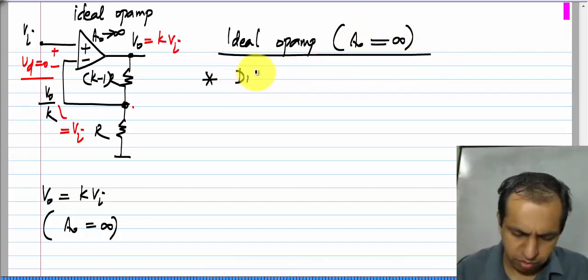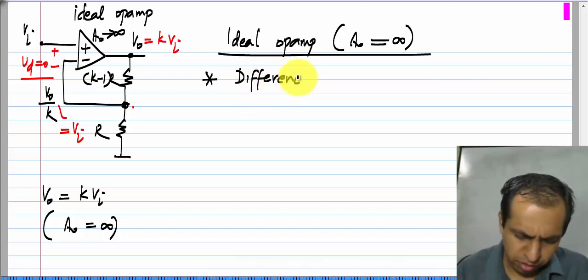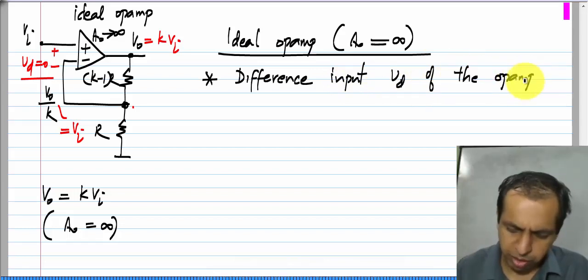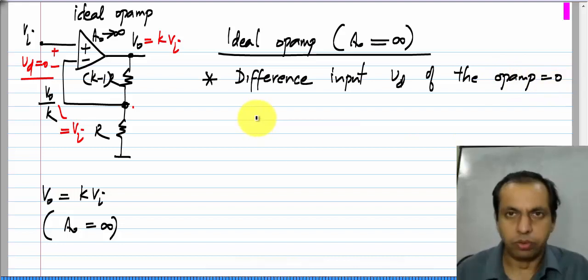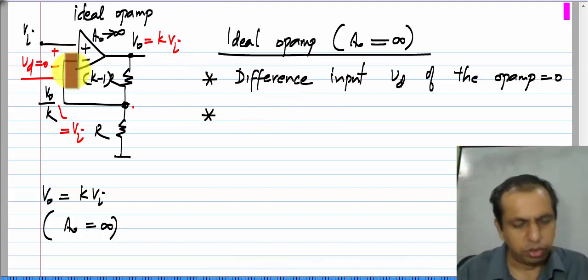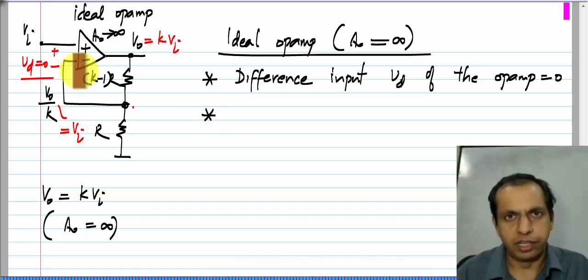So, in this case, the difference input V D of the op amp is 0. Another way of putting it is that the two input terminals of the op amp are at exactly the same voltage. Their difference is 0.